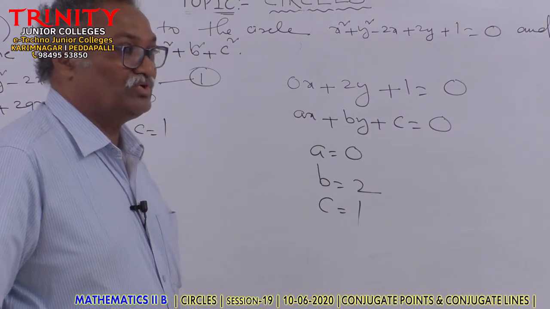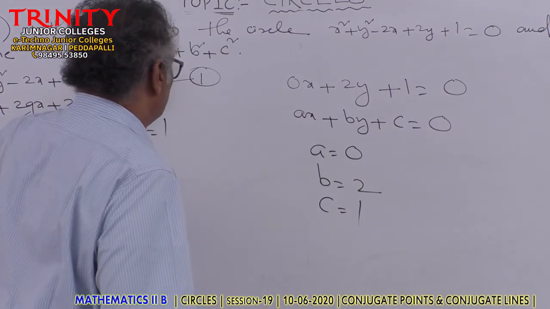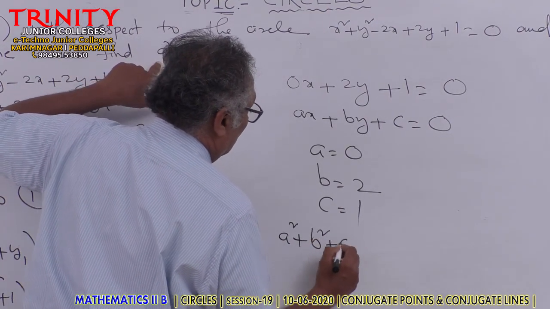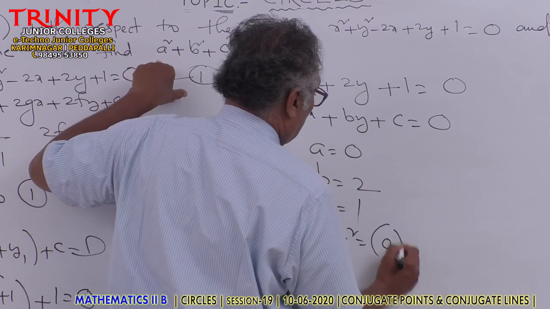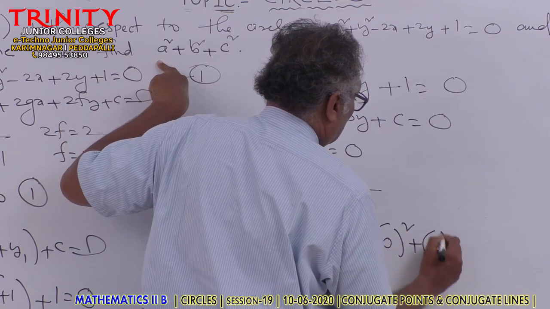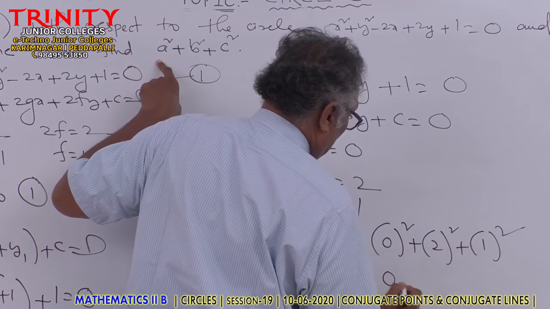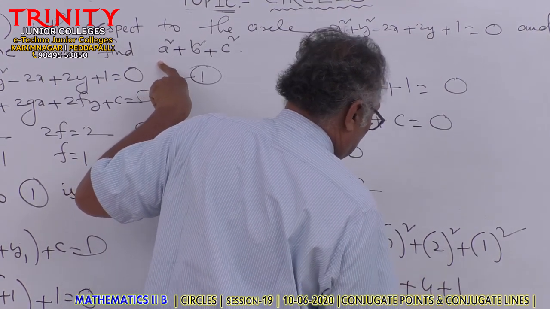But in the question we are asked the value of a square plus b square plus c square, that is 0 square plus 2 square plus 1 square, that is 0 plus 4 plus 1, 5.